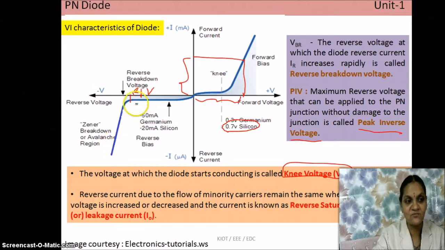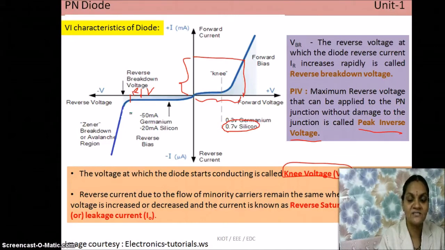At this time, if the reverse voltage is very, very high, the atoms present in the p-type and n-type semiconductor are not able to retain the crystalline structure. So the crystalline structure breaks down. Once the crystalline structure breaks down, all the electrons present in the orbit come out of the orbit and become free electrons, and almost all electrons are responsible for conduction.